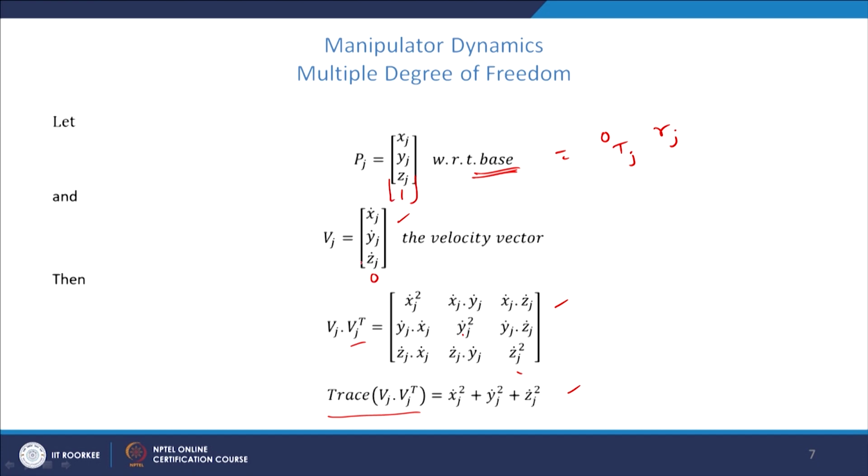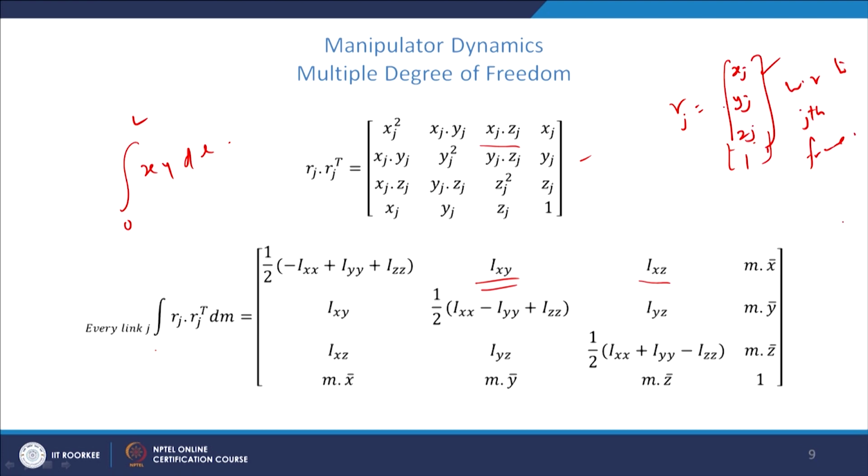Okay. If we differentiate 1 we will get 0 etc. So we get here 0 0 0 etc. Here also the same thing, R is represented by x, y, z and 1 here in the end.